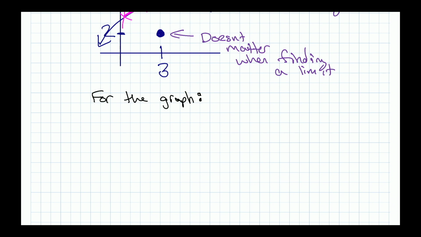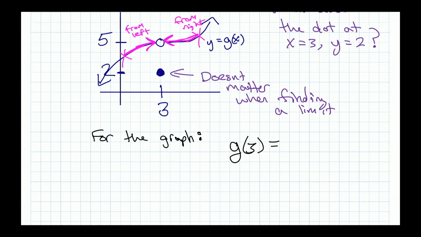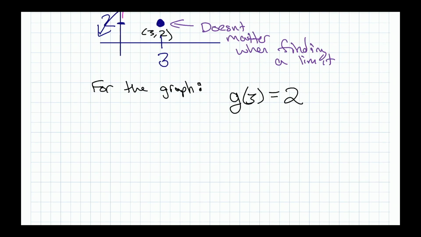Number one, if I asked you what is g of 3, the answer would be 2. Right? Because (3, 2) is on the graph, right? That's (3, 2). So g of 3 equals 2. But for the limit as x approaches 3 of g of x, that is 5.